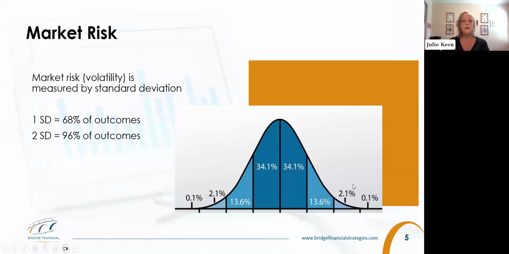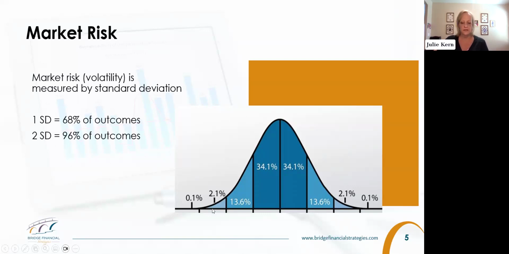Now, if you remember back when the stock market hit its bottom in March of 2009, the bottom of what they now refer to as the financial crisis, that was what we call a two standard deviation event, meaning that it fell outside of two standard deviations. So it was over here in this 2.1% area.